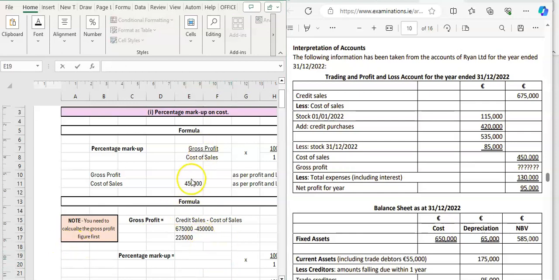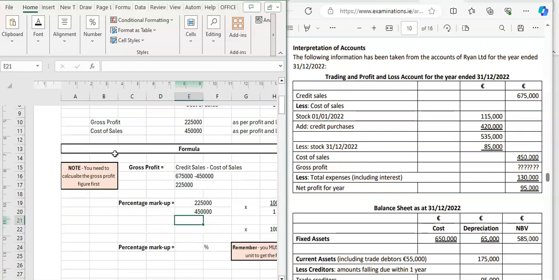I know now that my gross profit is 225,000. The two figures that I need are my gross profit of 225,000, divided by my cost of sales of 450,000, and that's going to give me my percentage markup.